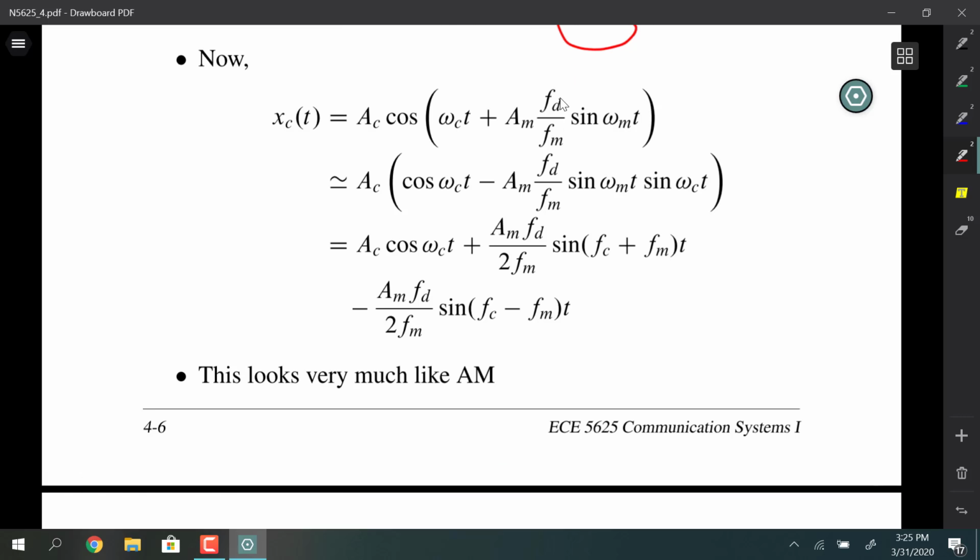So if you break that down using the approximation that we've been using, namely the power series expansion. So that's why the approximation is in there.